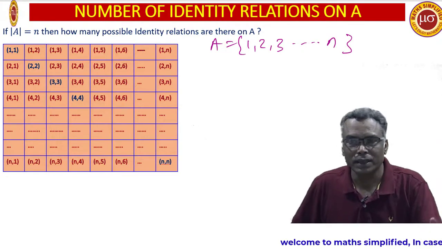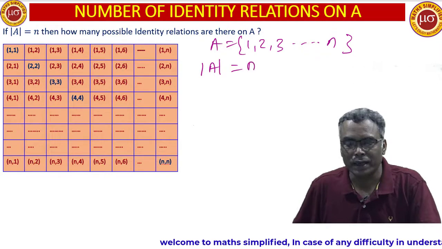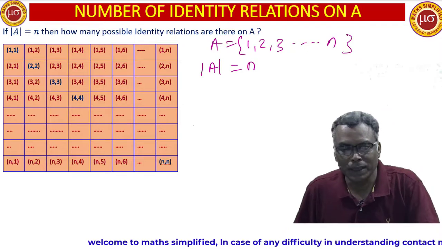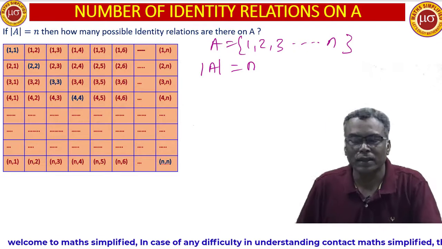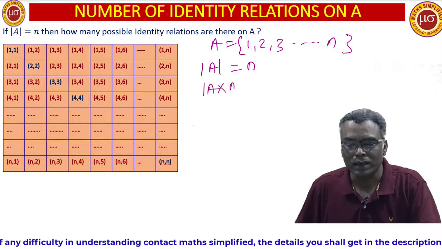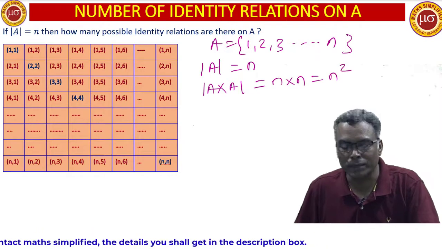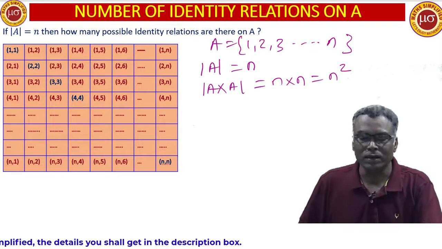So, the number of elements in A is n. Then how many elements are there in A cross A? There are n into n, that is, n square elements in A cross A.